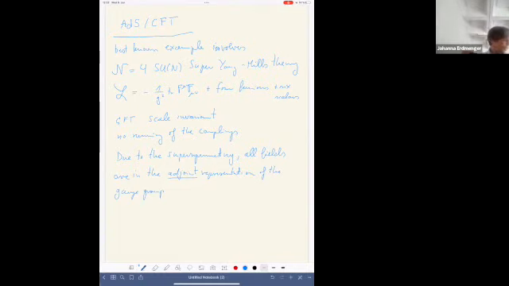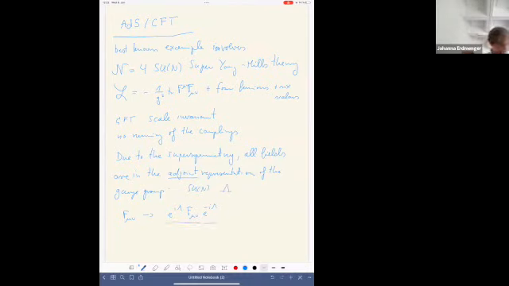So what does this mean? If I look at how this field strength tensor transforms under gauge transformations, it transforms like this. If the gauge transformation of this SU(N) is given by this function lambda, then that's what I have.